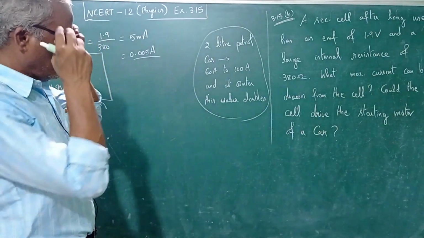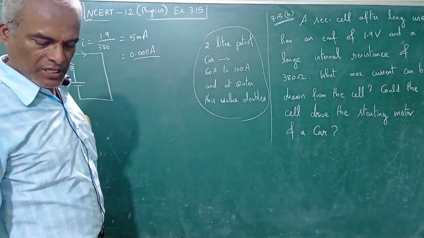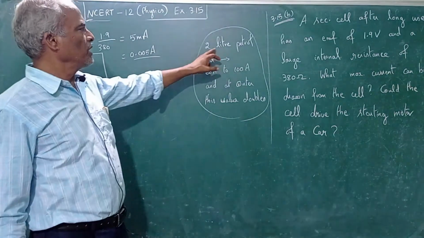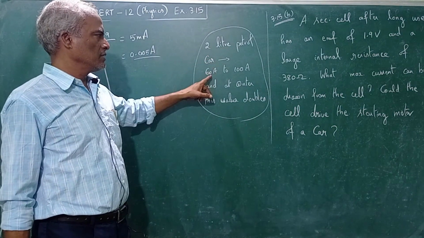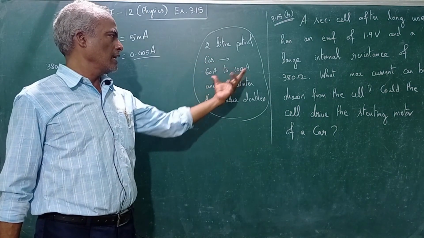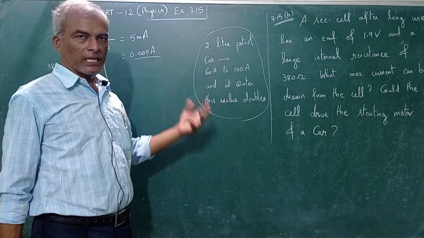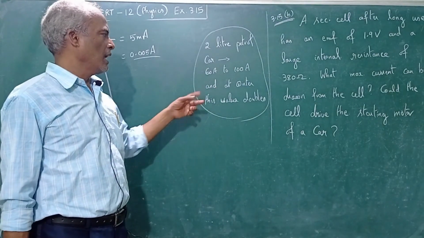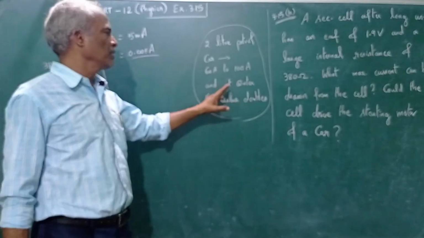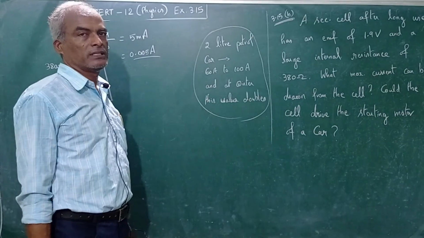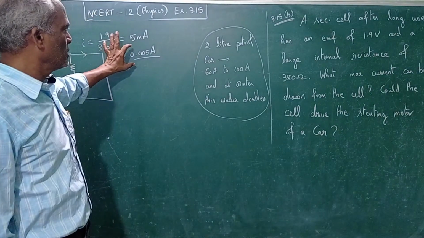Actually, as per the information, a 2-liter petrol car requires 60 amps to 100 amps starting current for a few seconds, and for the same car during the winter this value gets doubled.